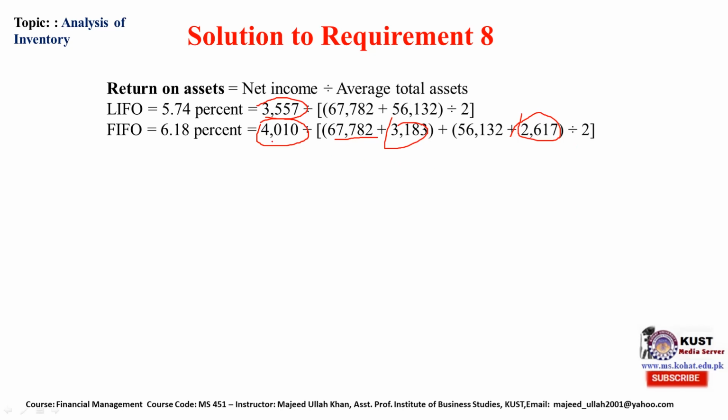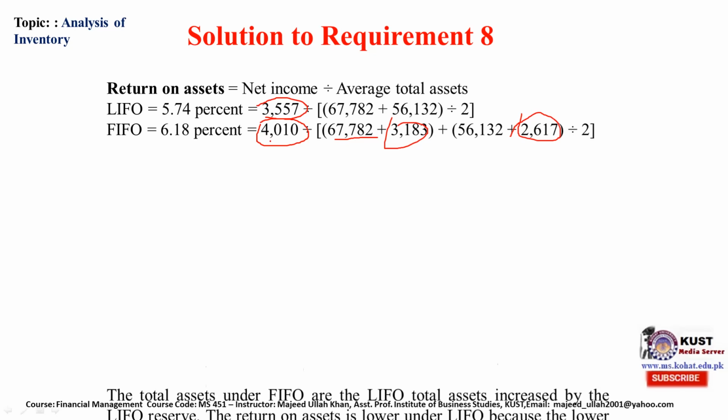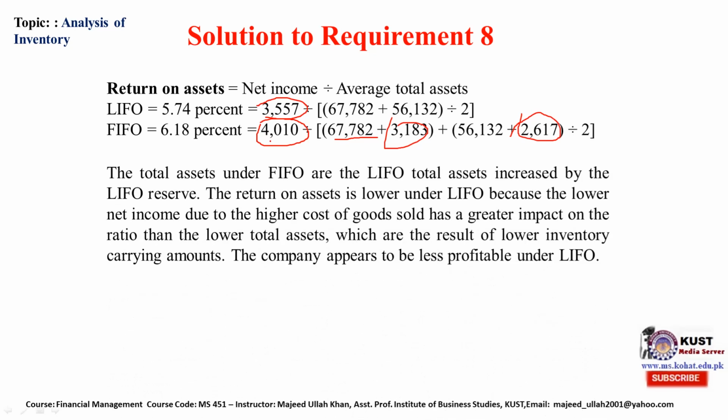But asset does not proportionately increase as much as the net income increases under the FIFO method. So the effect of increase in asset is lower as compared to increase in the net income under the FIFO method. So the company appears to be more profitable under the FIFO method rather than under the LIFO method.